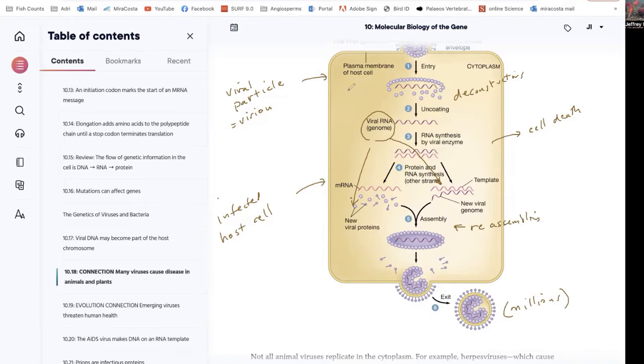Another thing that's different between viruses and bacteria is that all bacteria are cells, and a bacterium is going to have to undergo cell division, and we'll end up producing two cells, right? We call this binary fission.